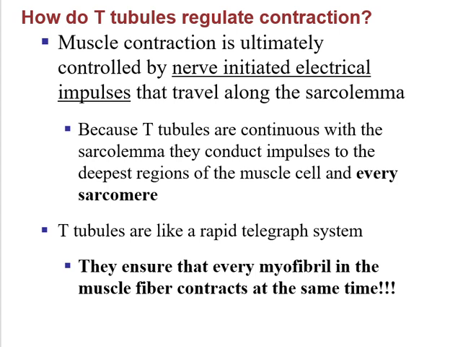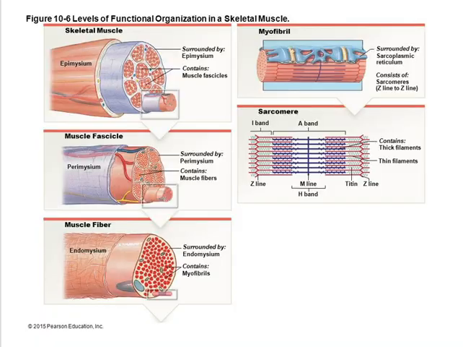And that is going to get to every single sarcomere of a myofibril because the T-tubules are wrapped around the myofibrils. And they're also going to be connected to the sarcoplasmic reticulum that contains calcium. So this electrical impulse that goes all throughout the cell can also cause the release of calcium, meaning the T-tubules are really acting like a rapid telegraph system to get us the final signal for contraction, calcium, and that would ensure that every myofibril in the muscle fiber contracts at the same time.